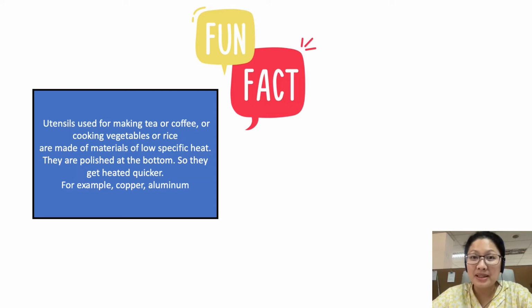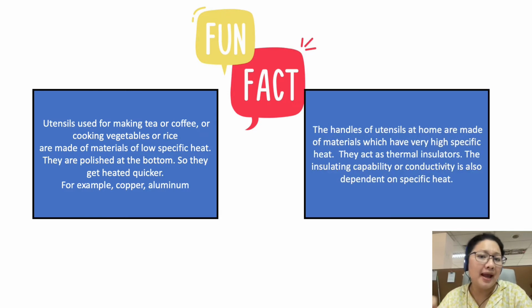Low heat capacity means it only requires less energy to raise the temperature by 1 degree Celsius, so less energy means the temperature will increase faster. However, the handle area is always made from materials of high heat capacity, right? So that means it requires more energy to increase the temperature by 1 degree Celsius.